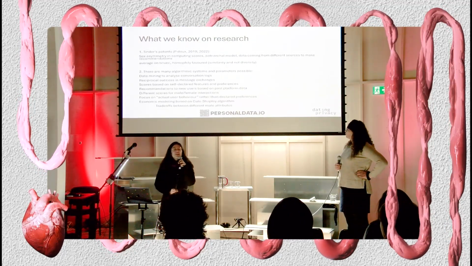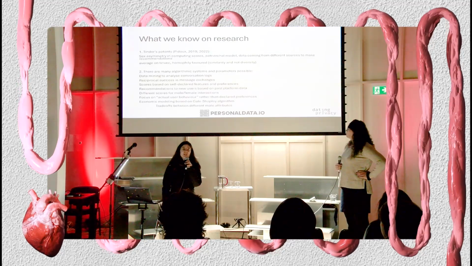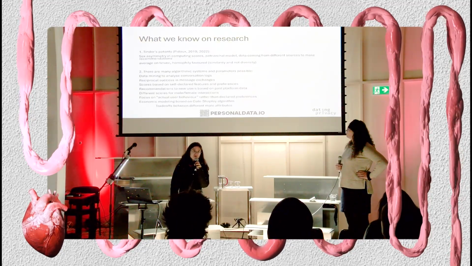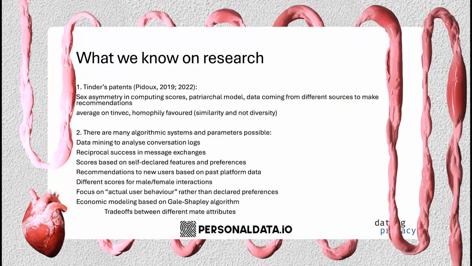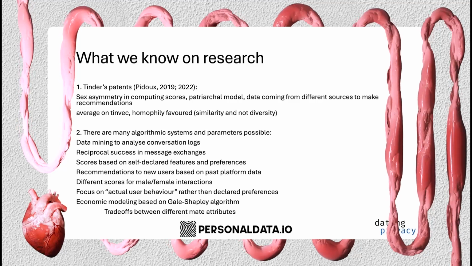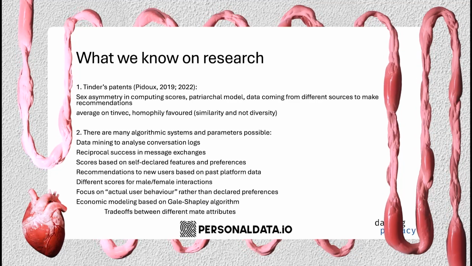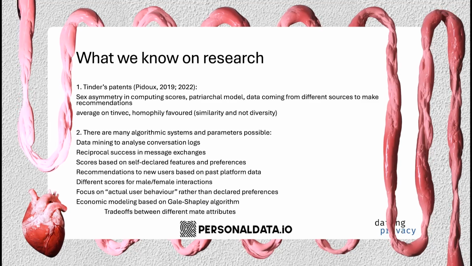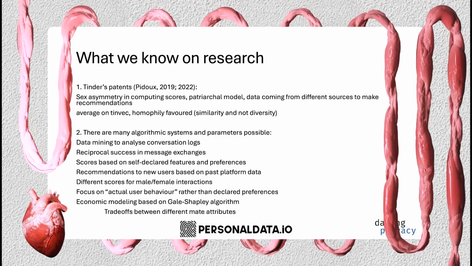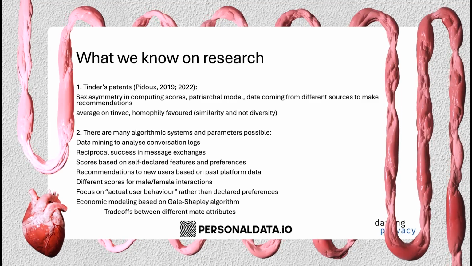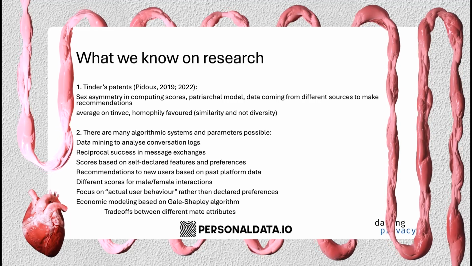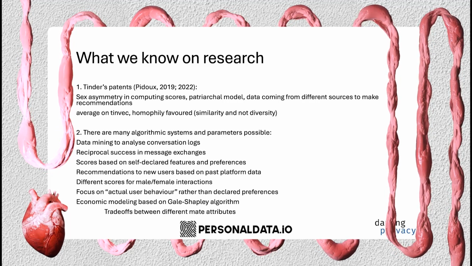So there's a lot of what we can call an algorithm. What I want to say here, what we know in research is that algorithms have many parameters. They can be computed with different techniques, for example, data mining, reciprocal success in message exchanges, and so on.